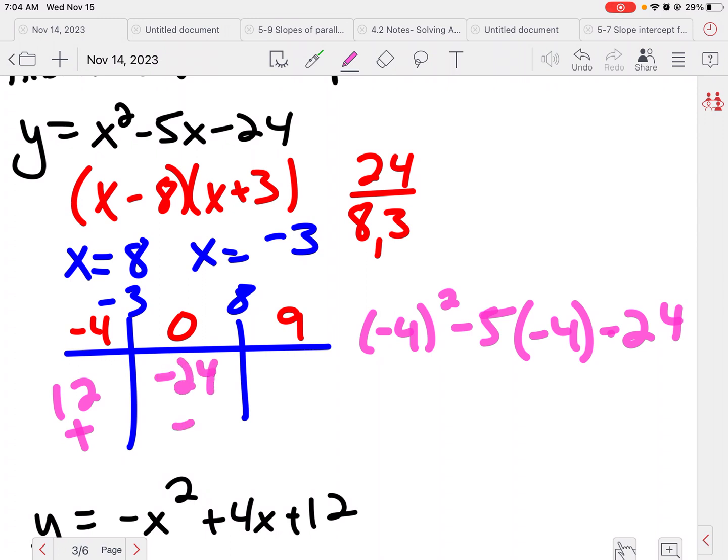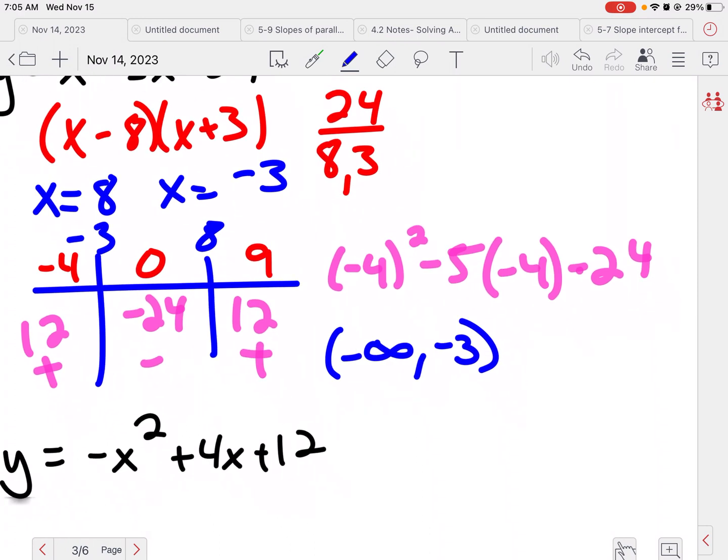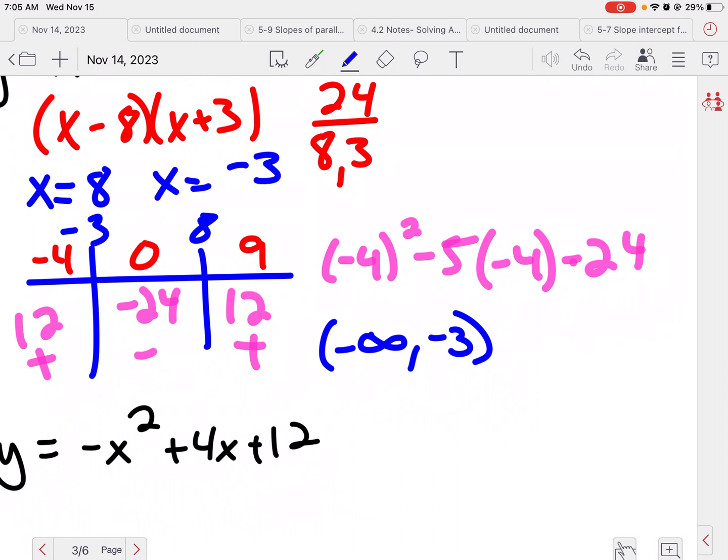And if I plug in 9, wherever I put that negative 4, I'm putting a 9. It would be a positive 12, so that's positive. So my intervals of positivity are from negative infinity to negative 3, and I know it's an open bracket because that's a 0, and then 8 to infinity.